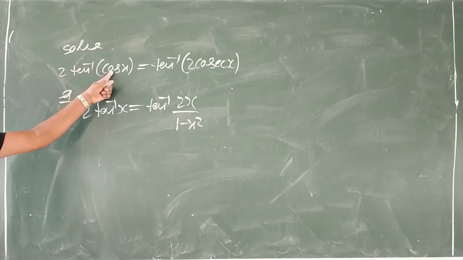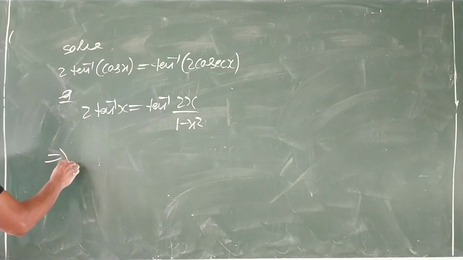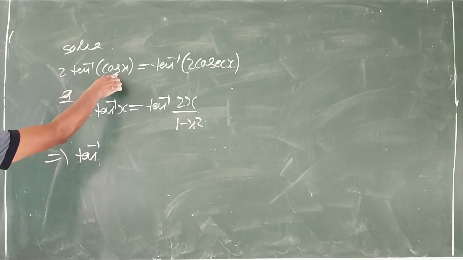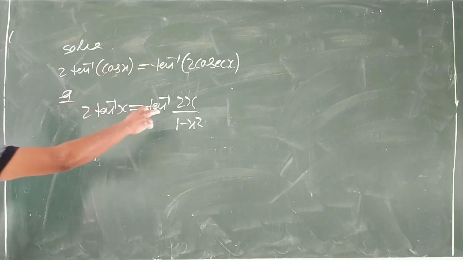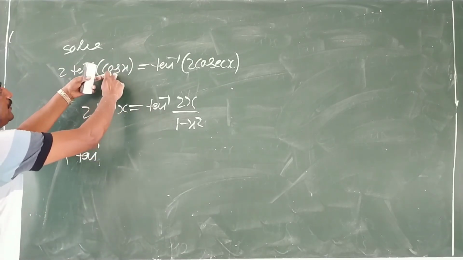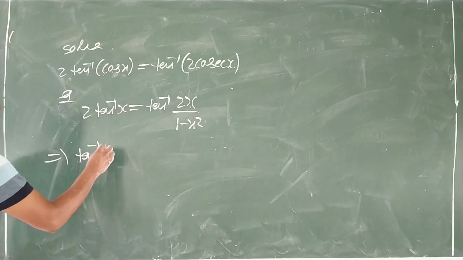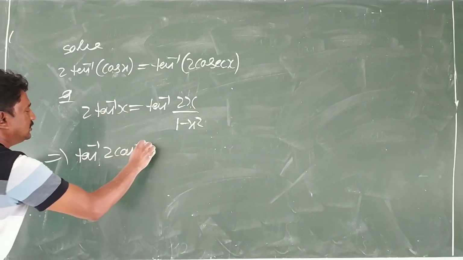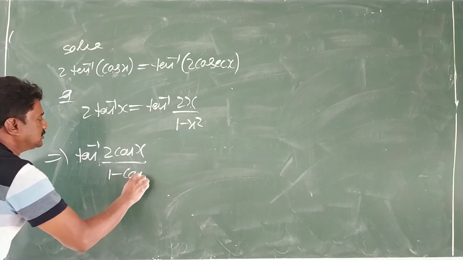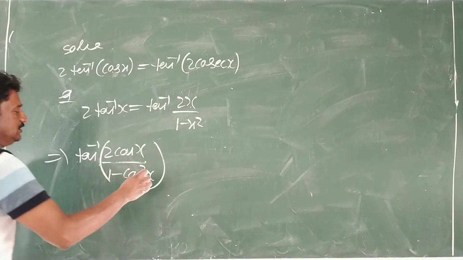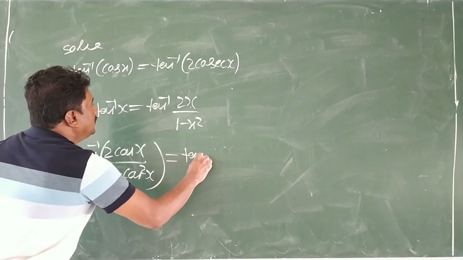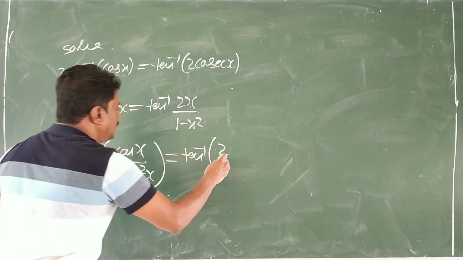In the place of x you write cos x: tan inverse of 2 cos x by (1 minus cos square x) is equal to tan inverse 2 cosecant x.